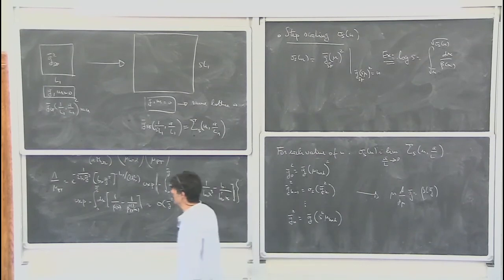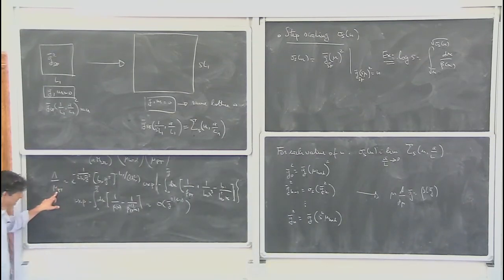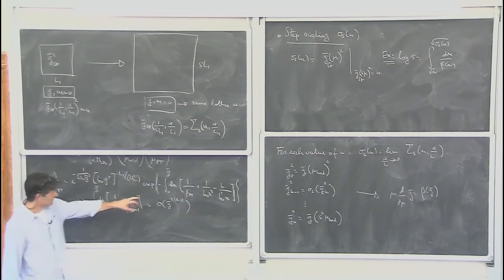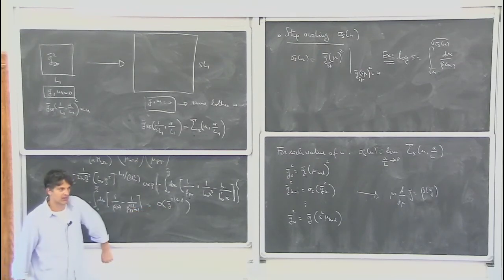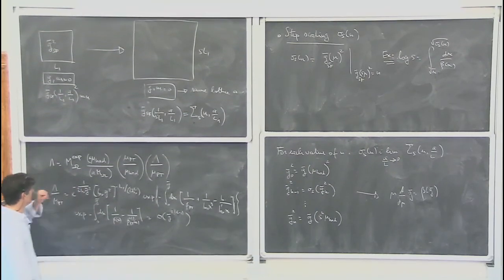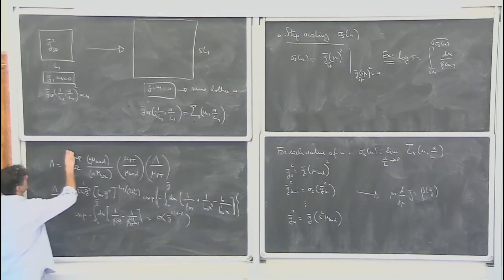So if you can run to a sufficiently high scale, then you can compute the lambda parameter with a small uncertainty. Okay? So this is your experimental input.